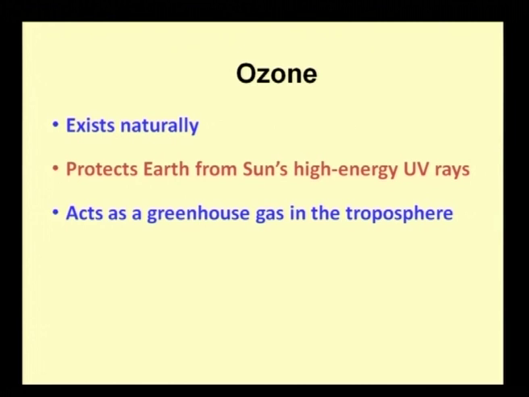And the next is ozone, and the ozone exists naturally, and in the upper atmosphere the ozone layer is there. Ozone is O3, and it protects the earth from the ultraviolet rays. See, for example, in the upper crust the ozone layer is there, and we know that the sun's energy contains high energy ultraviolet radiation, and in case the ozone layer is not there, what will happen?